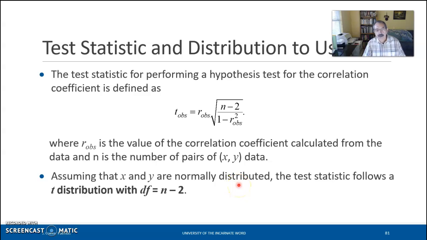So that's why we're using the t-distribution. But the main thing here is to justify the use of the t-distribution by recognizing that the two population distributions of the y's and the x's are normal. So remember, this is the condition to justify the use of the t-distribution.